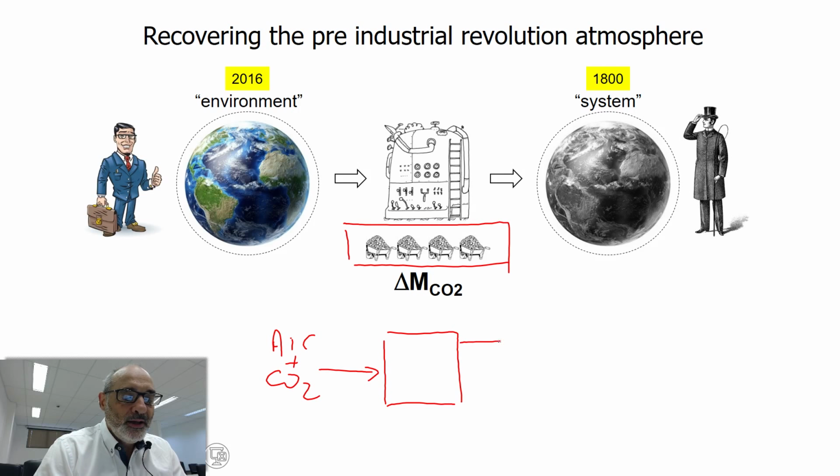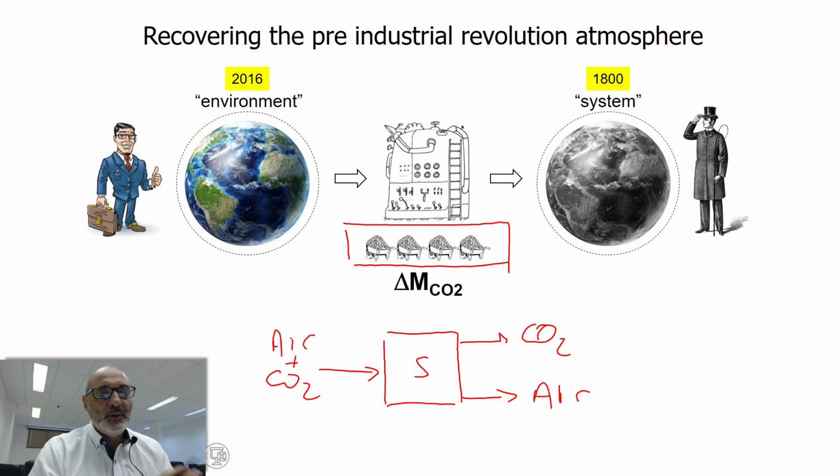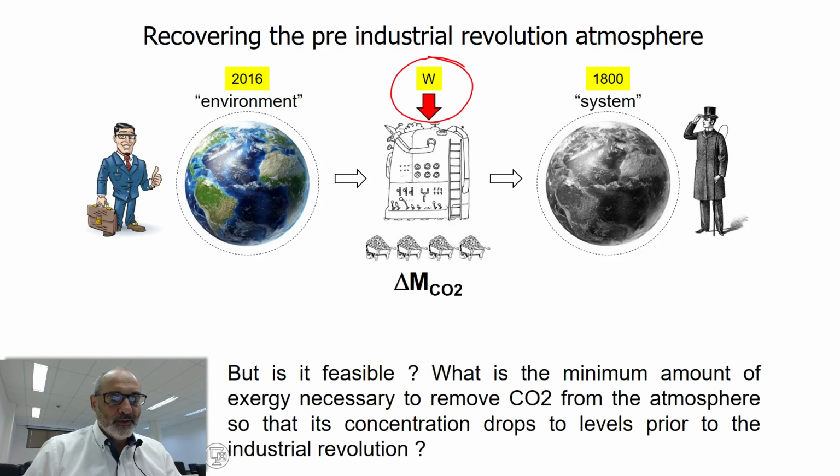Then I have CO2 here, and I have air. So this is a separation machine. We already analyzed this. We know that I'm going to need work for this operation, because this is our separator. I need to invest work.